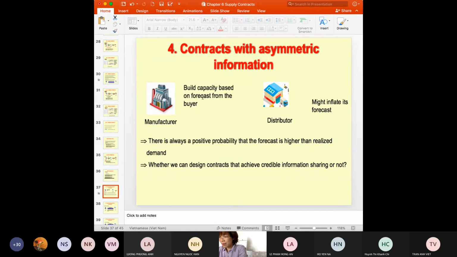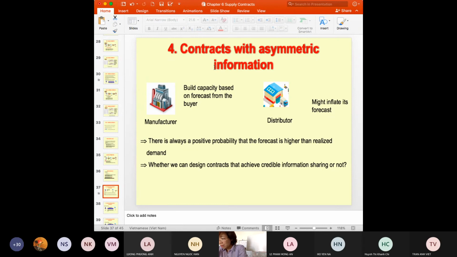Anyone have any question? If you do not, I move to the contract for asymmetric information. With asymmetric information, the manufacturer builds the capacity based on the forecast from the buyer, which means from the distributor.